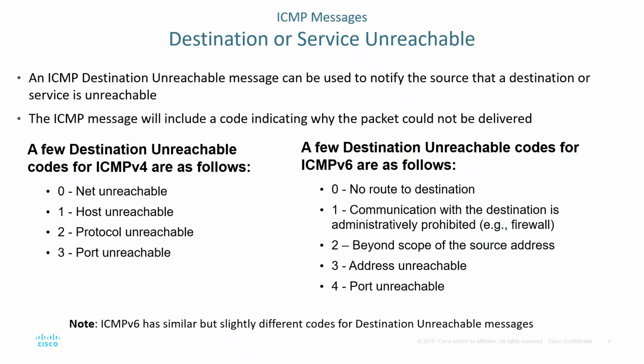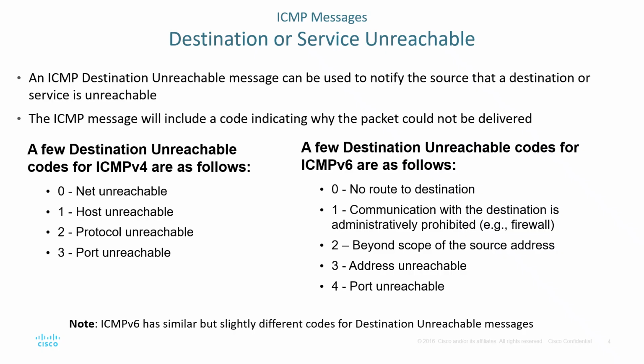So a destination unreachable message can be used to notify the source that a destination or service is unreachable. The message will include a code indicating why the packet actually could not be delivered.